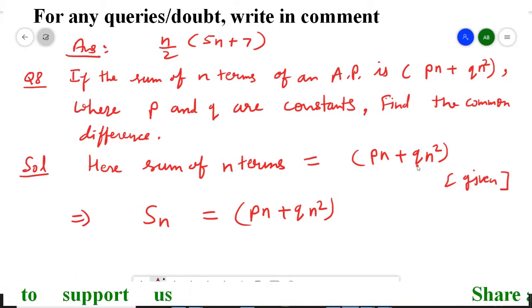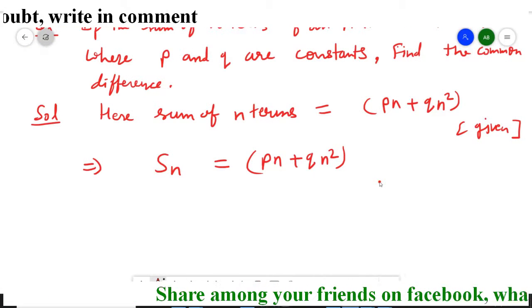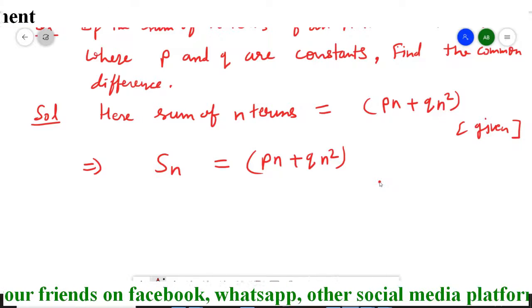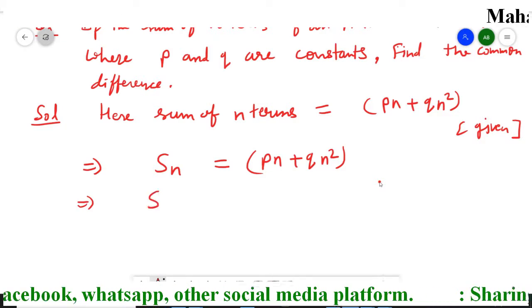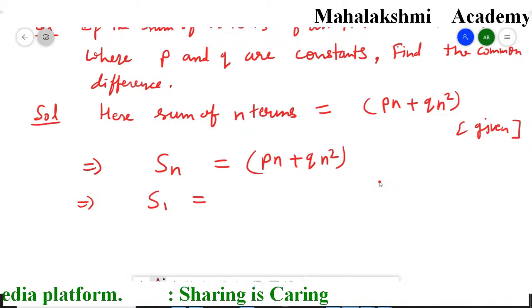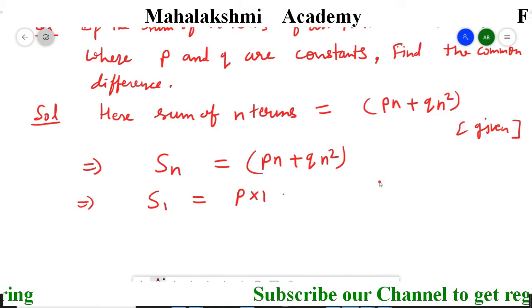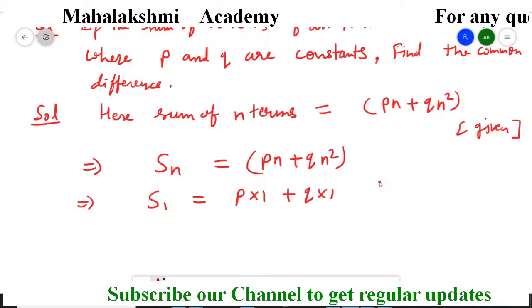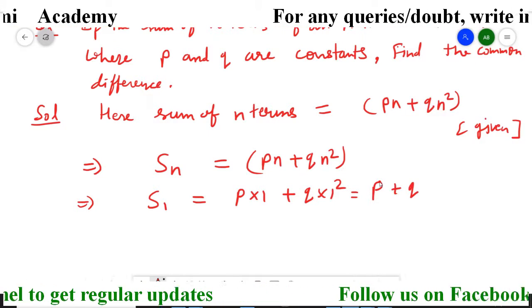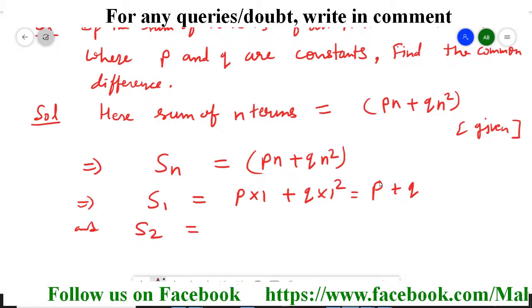Now we have to find the common difference. For it, firstly I am going to calculate S1, which implies S1 is equal to, wherever n is there we will replace it by 1, so we get P multiplied by 1 plus Q multiplied by 1 square, that is P plus Q. In the same way we have to calculate S2 also, because I will tell you why I need it.